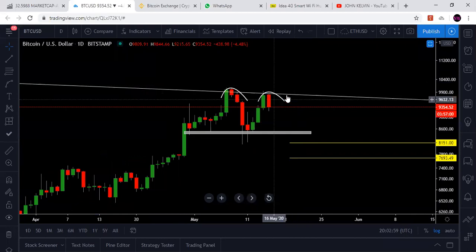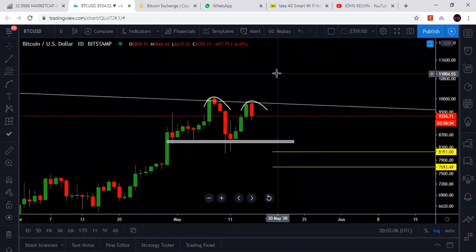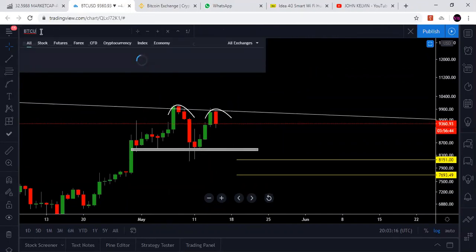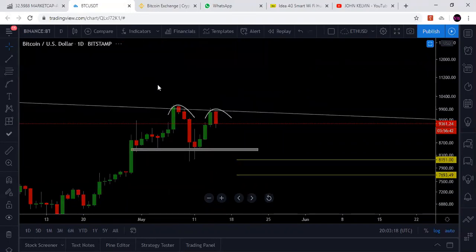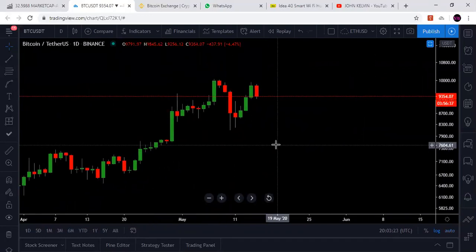But if this closes above this, then we're going to see new prices coming into the market. But for now, let's push down to the downside. And I think that's all I'm looking at on BTC USD, back to the Binance. So that is what I'm looking at on this for now.